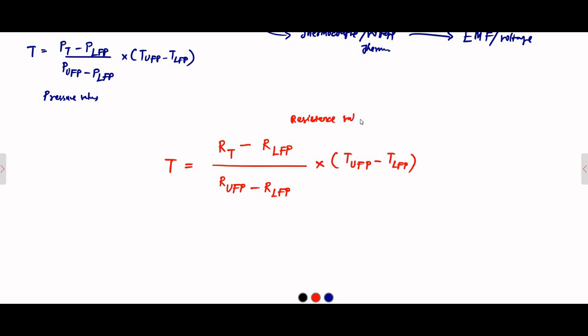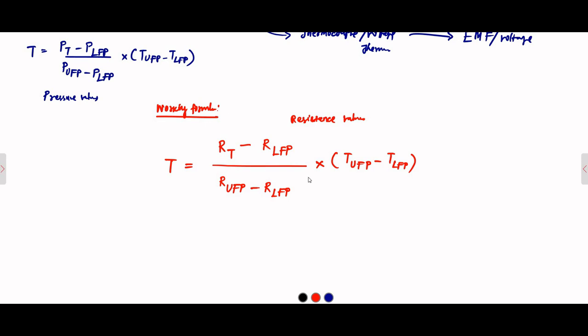And in thermocouple the EMF values will be used. So in case of R, here we'll be using voltage. You can use voltage readings or EMF, whatever symbol you want to use will be the same. Here the voltage readings in volts will be there. So we'll be discussing questions related to that. For now, focusing on the question, you got the idea of the main working formula. This is the main working formula for electrical resistance thermometer or platinum resistance thermometer.